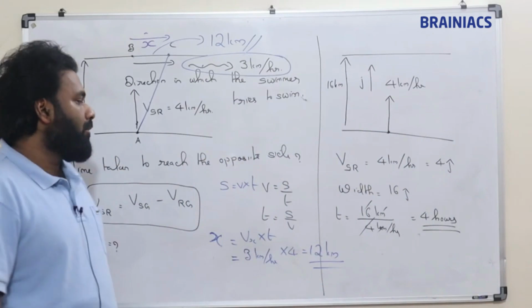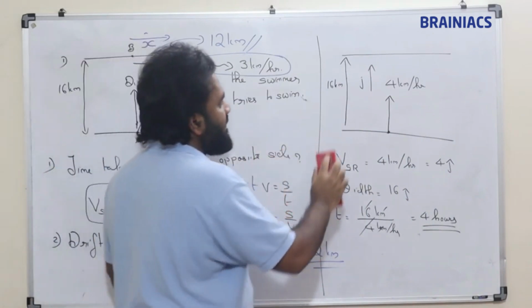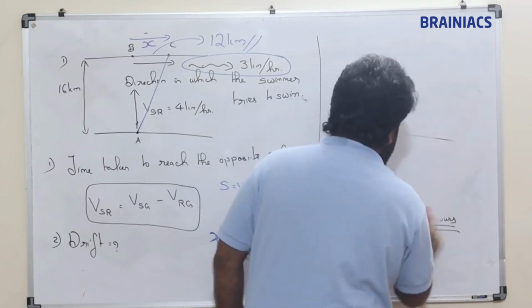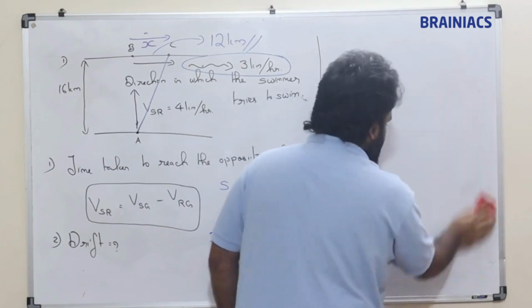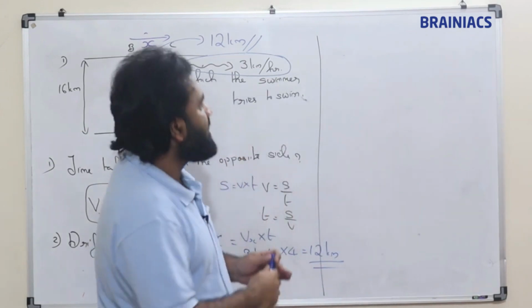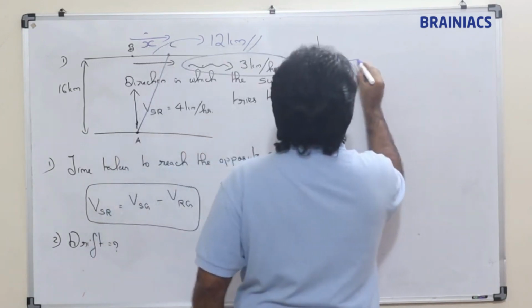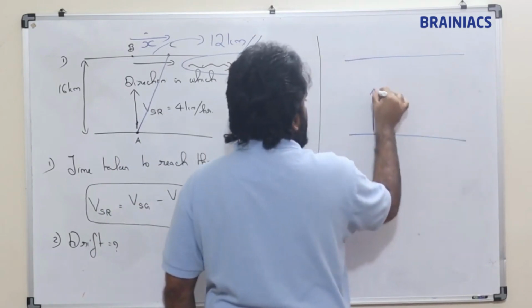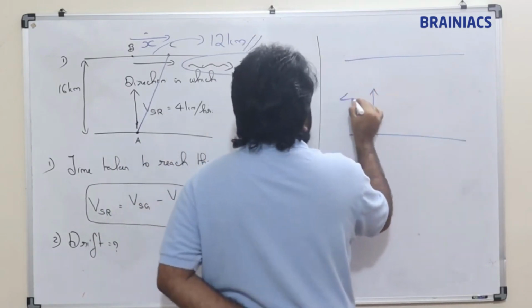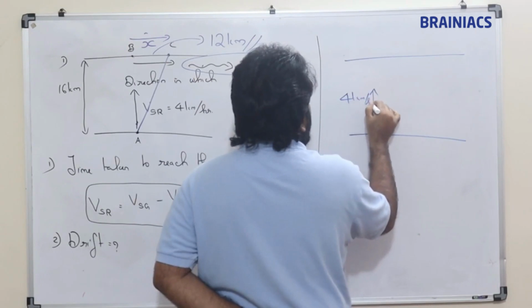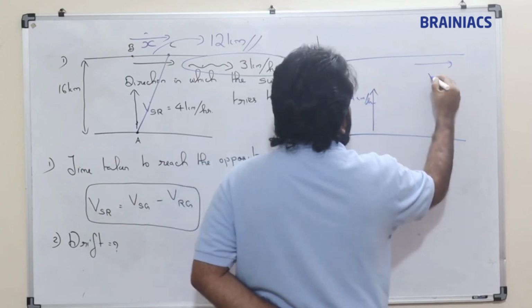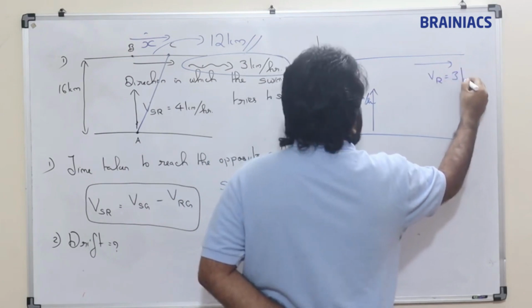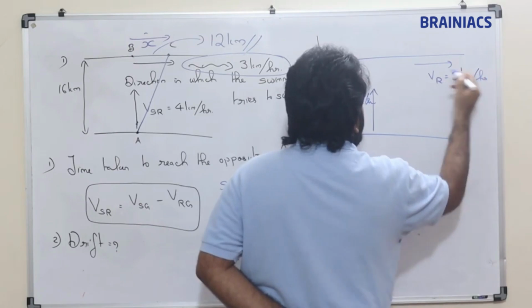Now shall I erase this? Now see students, suppose this is the river, this is the velocity of the swimmer, 4 kilometer per hour, and this is the velocity of the river, which is 3 kilometer per hour.